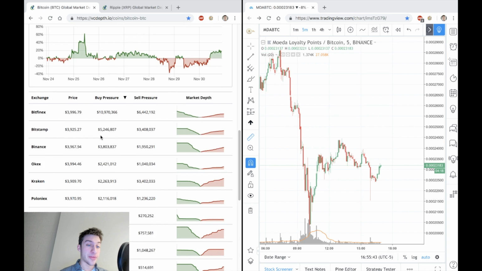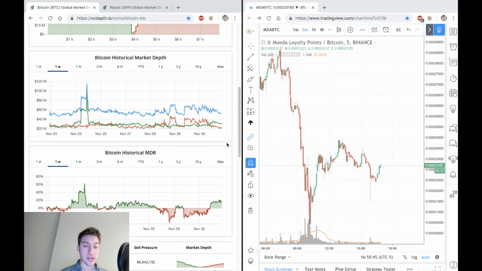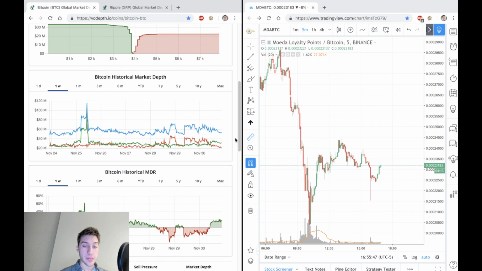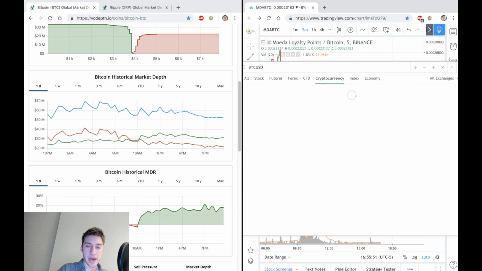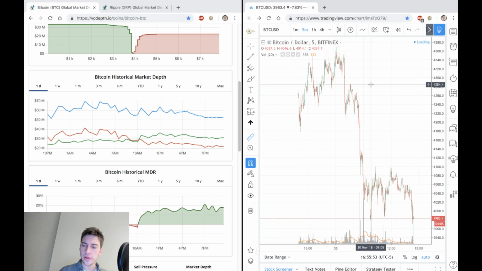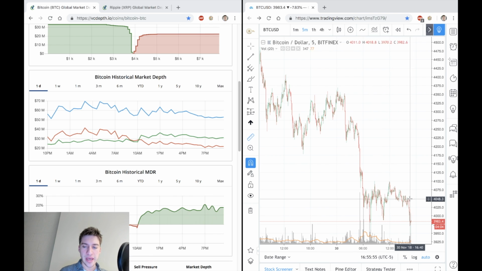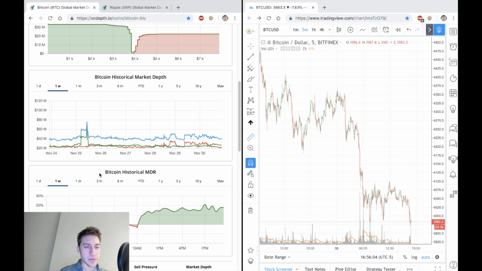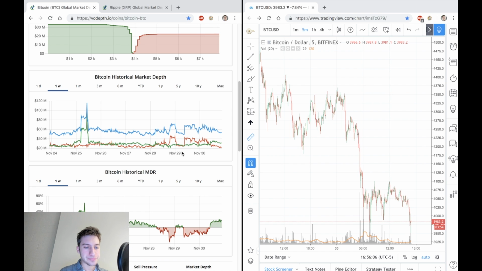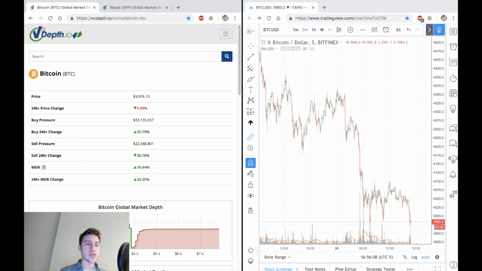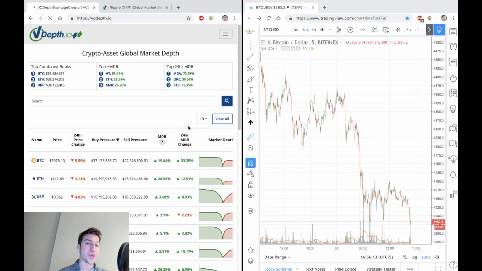We have a wealth of data for Bitcoin market depth ratio and overall market depth here. We could even look at the daily and just see the pattern. I don't know for sure if this one is as beautiful. It's not really. You can see the bids are higher, but price was falling, because of potential spoofing or not. Maybe if you zoom out, it may be a little bit more clear. But I would recommend this tool more for altcoins, basically coins that aren't Bitcoin.